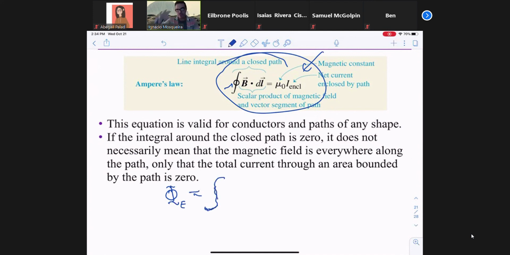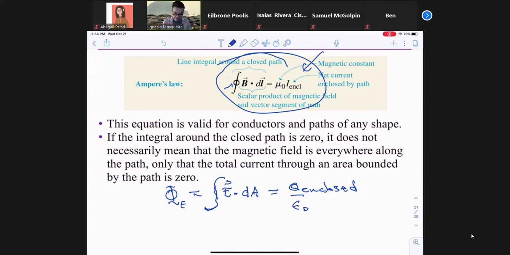We pick a surface and we integrate over it, and then we do E dot dA. We take a little chunk of the sphere, so we're calculating a flux. E times A was a flux. And that was equal to the Q enclosed by my surface, divided by epsilon naught.